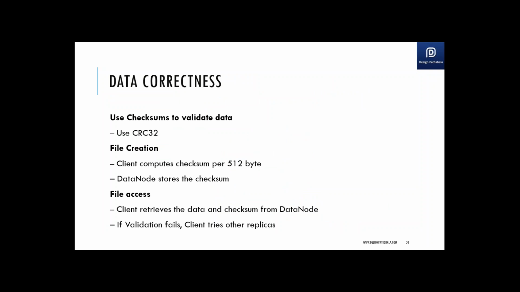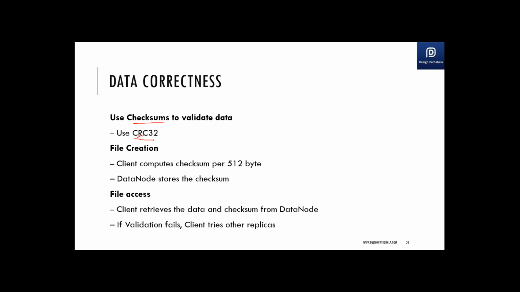There are processes running at the backend for data correctness, and data is also checked for correctness before it's read. Checksums are created on the data. The algorithm used by default is CRC32.